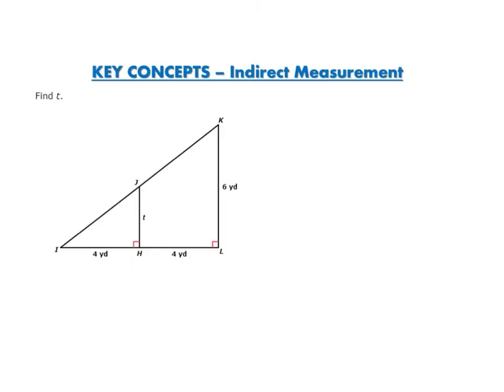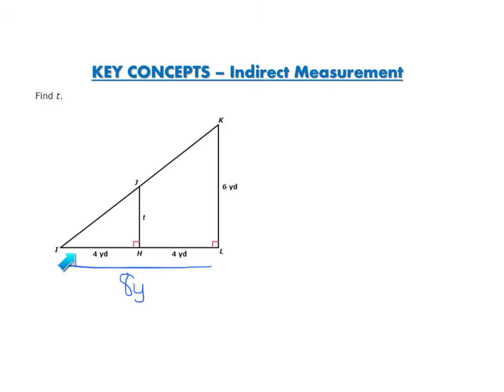Okay, once again, I have two triangles. I have a large one and a small one. My larger one is 6 by, notice it doesn't give me, but I know I have 4 yards here and 4 yards there. So this whole measurement would be 8 yards. Then I have a smaller triangle, which is, this measurement is T, and this is 4.